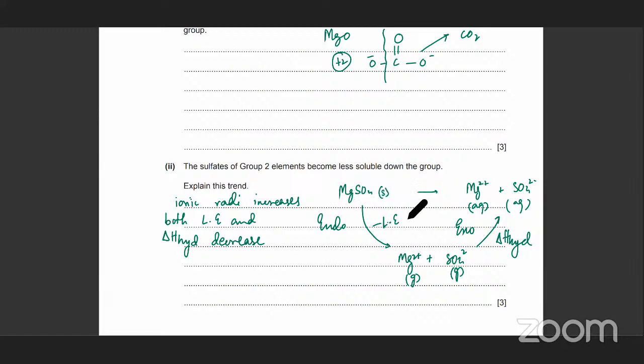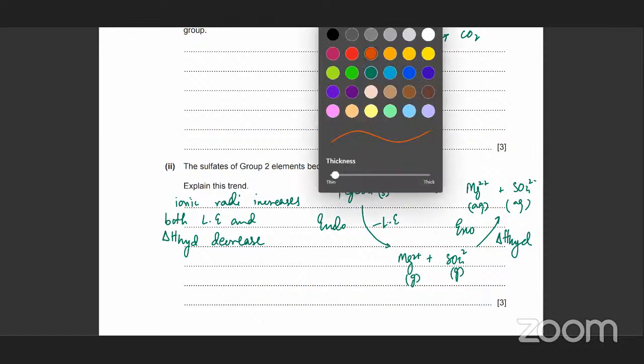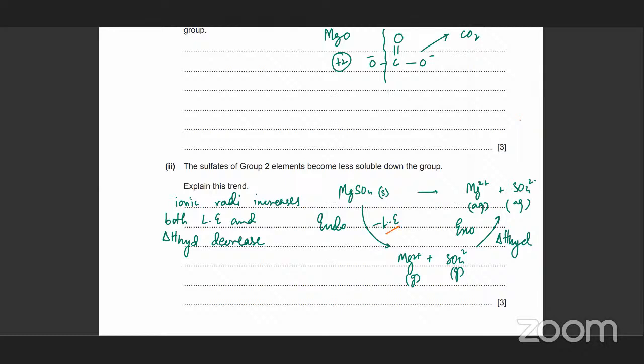So why is the solubility decreasing? Because even though both lattice energy and the enthalpy of hydration are decreasing, the endothermic part is still relatively greater compared to the exothermic part.